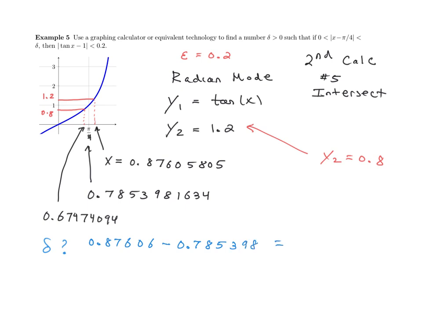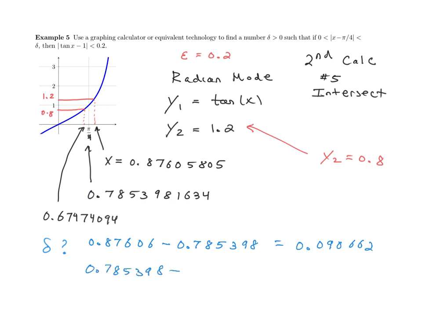And when I type that into my calculator, 0.87606 minus 0.785398, I get 0.090662.